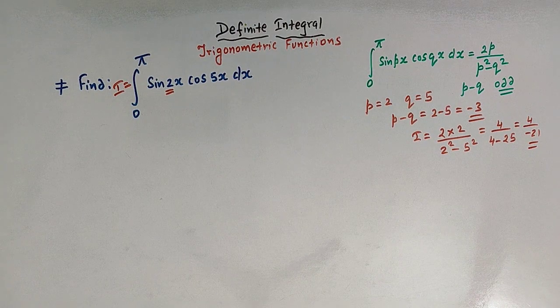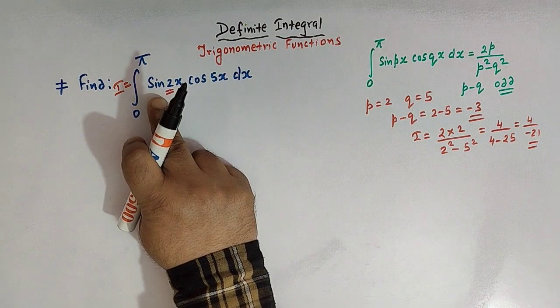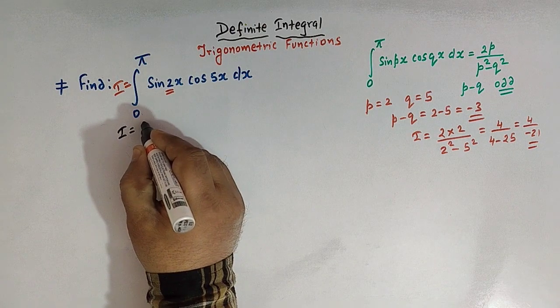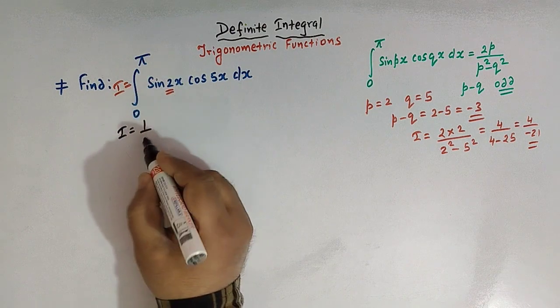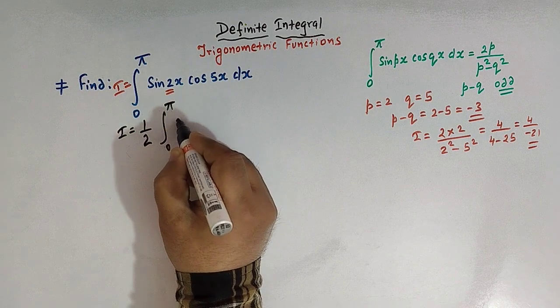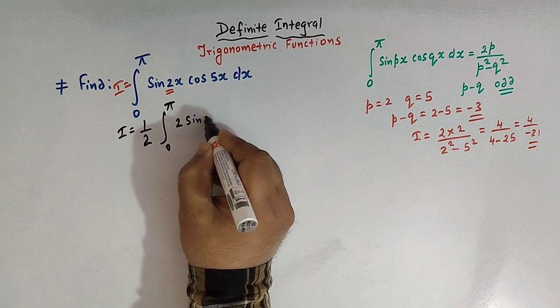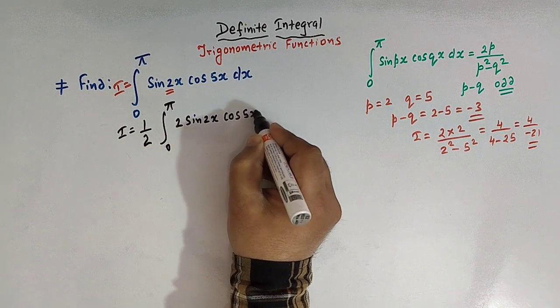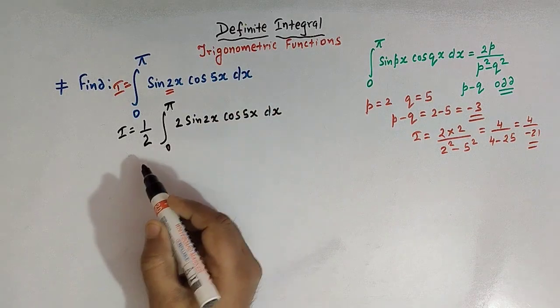Now let us consider the usual method. Here we have the product of sine and cosine. So we multiply this integral by 1 over 2 and write 2, so we have 2 sine 2x cos of 5x dx.